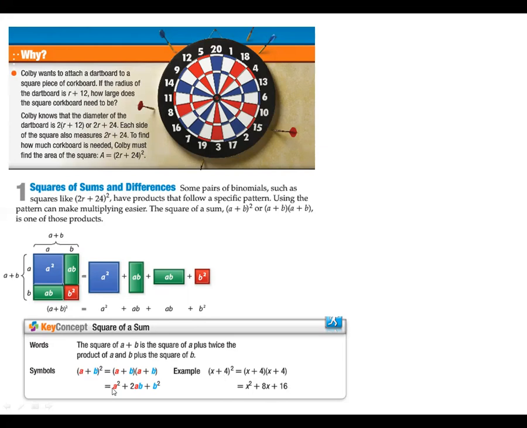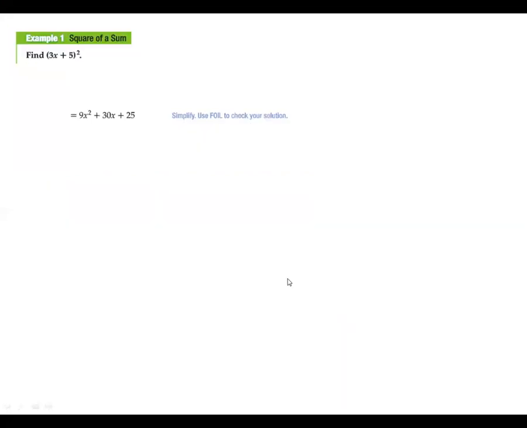So it's the first term squared, twice the product of the two terms, plus the last term squared. All right? So if I want to find 3x plus 5 quantity squared, it's a special product, so I use the square of a sum idea: square the first term, take twice the product of the two terms, and then square the last term, which would give you 9x squared plus 30x plus 25.